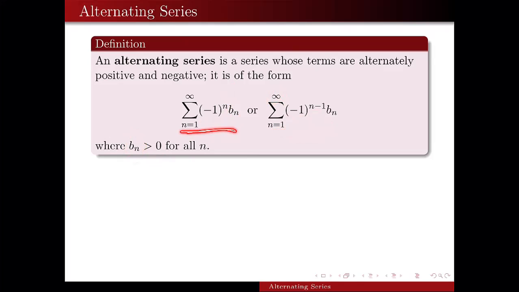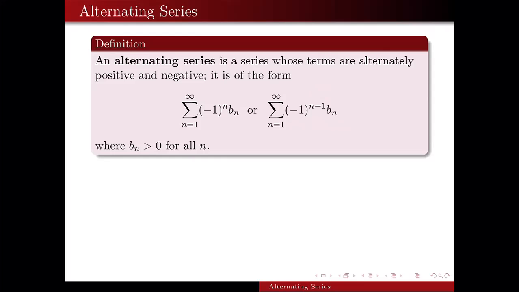For this one here, the series starts with a negative term. Negative 1 raised to 1, that's negative. For this one, the series starts with a positive term. Negative 1 raised to n minus 1, or negative 1 raised to 1 minus 1, that's positive 1. So either you start with negative or start with positive, the terms must alternate.